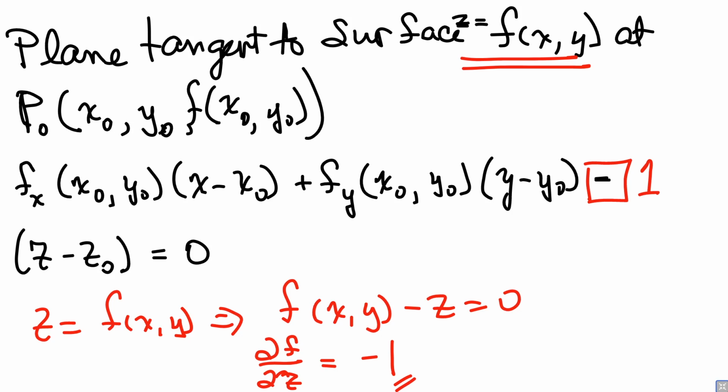So it's basically looking at the first formula, but since the function is not defined in terms of z, we bring z over, have it equal to 0, and then do the partial. The slope is going to be -1. So that's why the negative z minus z sub 0 is at the end of this, when the function is defined only in two variables. Any questions there?